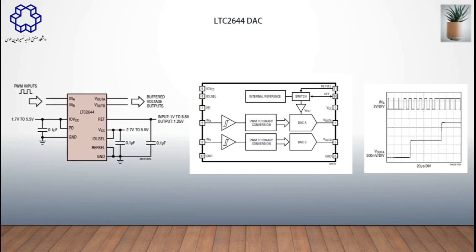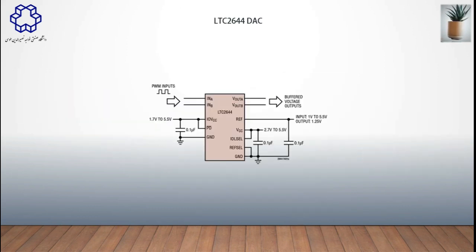Inside the IC, it does PWM to binary conversion and then the digital to analog converter produces the analog signal. As you see in the right diagram, we can see the smooth signal for driving our coil.